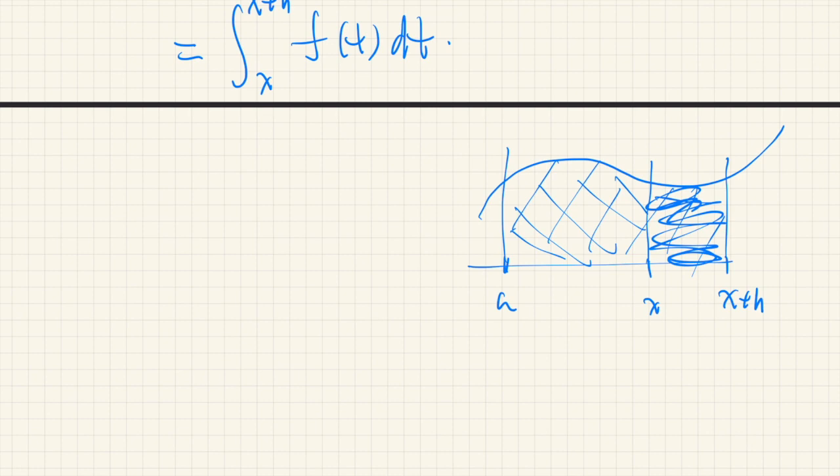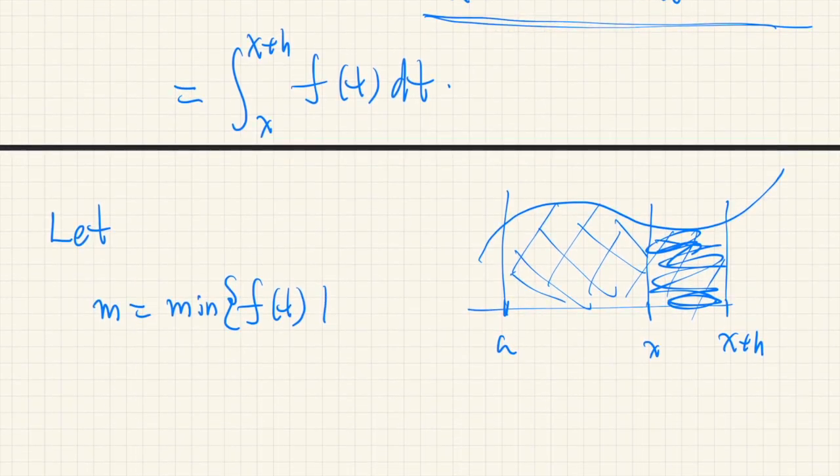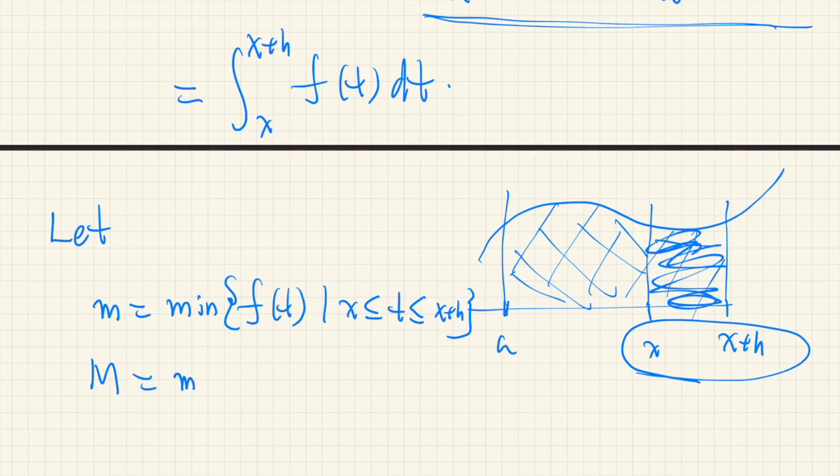And now, let us define the following. Lowercase m is equal to the minimum of this function value in this interval, where t is between x and x plus h, and uppercase M is the maximum, where t is between x and x plus h.